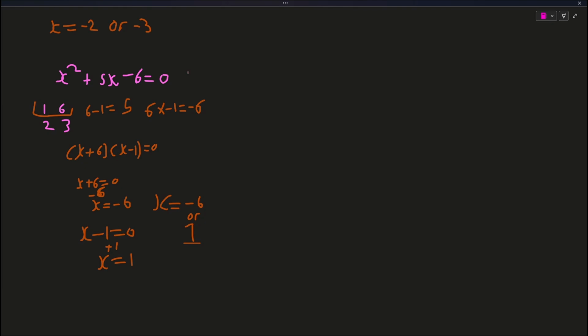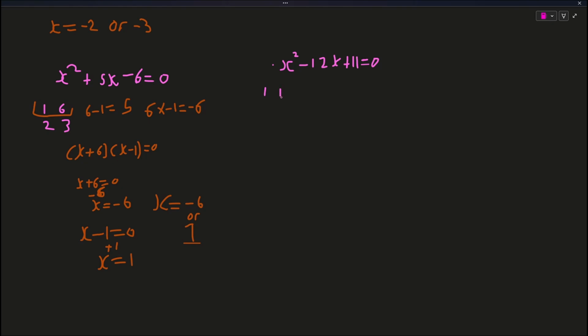Okay. And the last question we will go through is x squared minus 12x plus 11 is equal to 0. If you want to, try out the question yourself, then pause it and come back. What numbers can multiply to get 11?